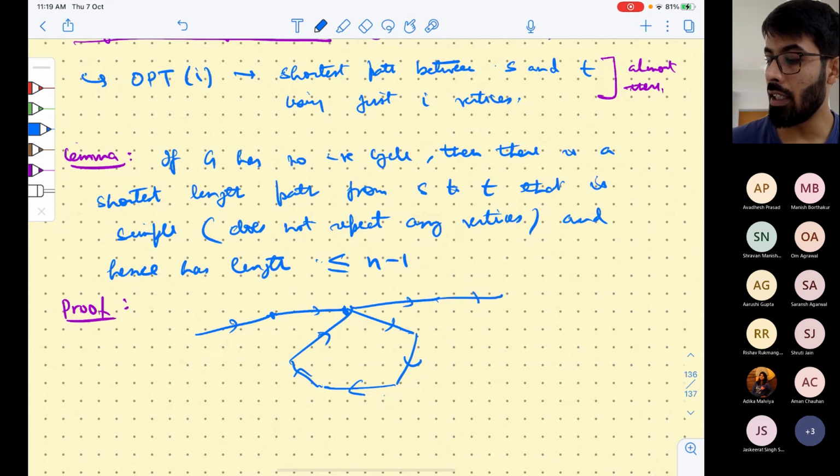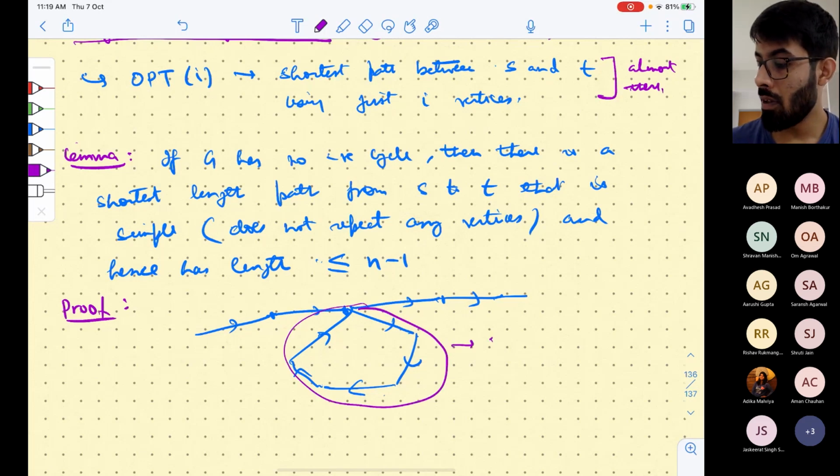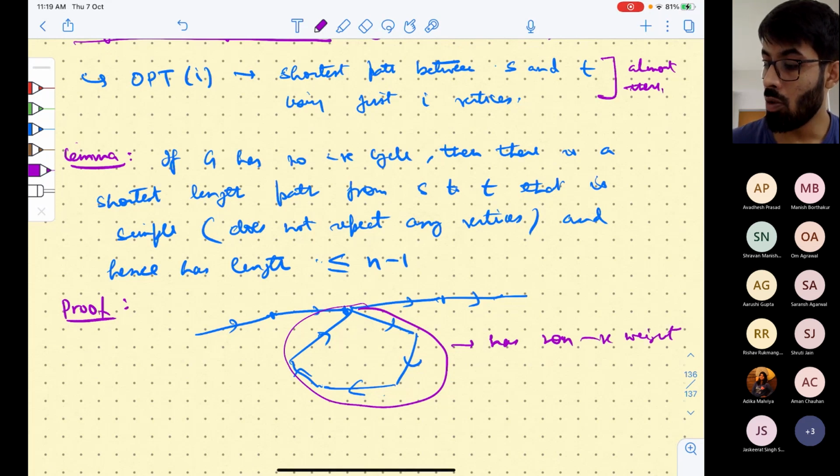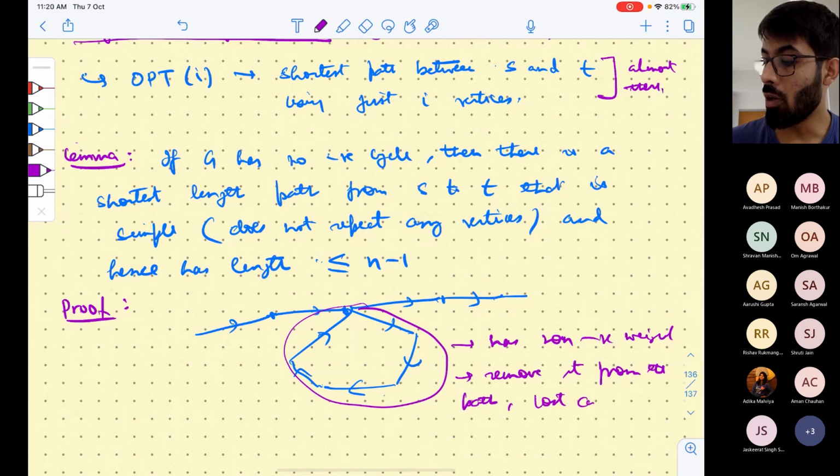And then you go ahead like this. So now this cycle has non-negative weight. So you remove it from the path. Cost can't go up.